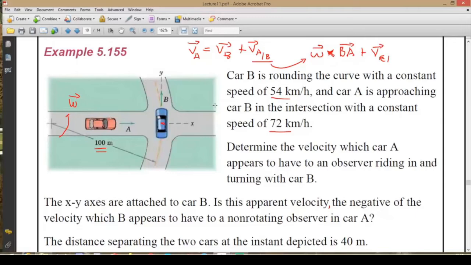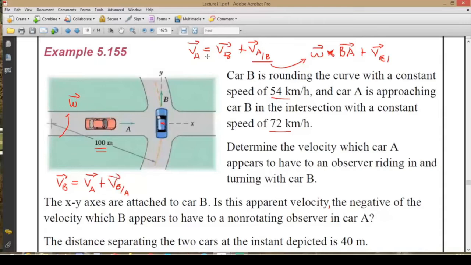Now, if we write another equation, velocity of B is equal to velocity of A plus relative velocity of B with respect to A. Okay.